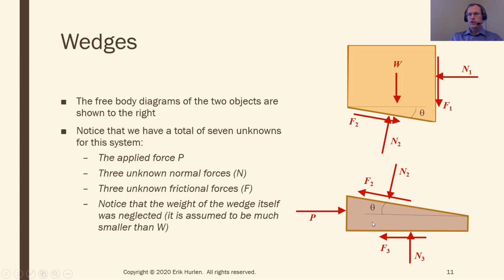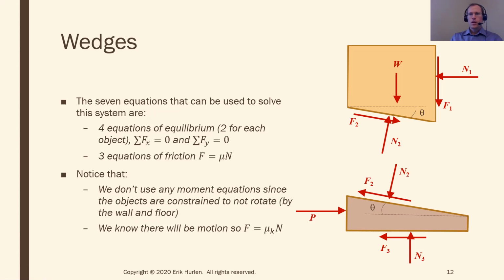In a lot of these scenarios, the weight of the wedge is ignored because the wedge is usually much smaller than the big heavy block you're trying to lift up. So in that scenario, the weight of the wedge is fairly irrelevant, at least compared to this big weight up here. If it's not a big deal, just put the weight of this wedge in there as well, which you'd probably know, so it's not necessarily an unknown. So total of 7 unknowns.